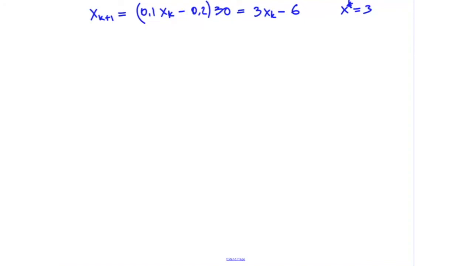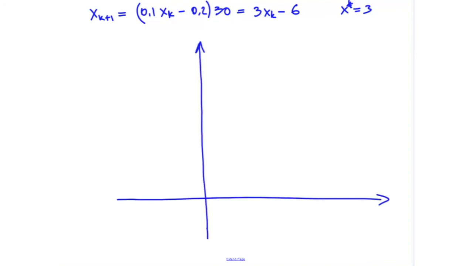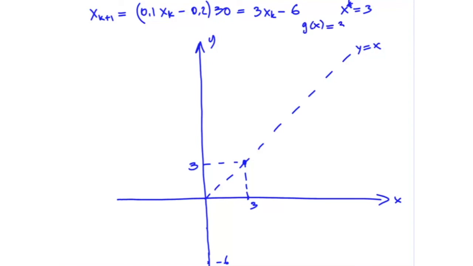We just have a linear function, right? Let me illustrate this graphically. So we have point 3 here. This is y equal to x. At point 3 our value is 3. At 0 it is minus 6, somewhere here. So our g of x is given by 3x minus 6, right? So this is our line here.